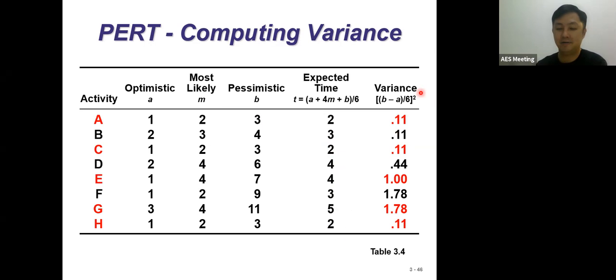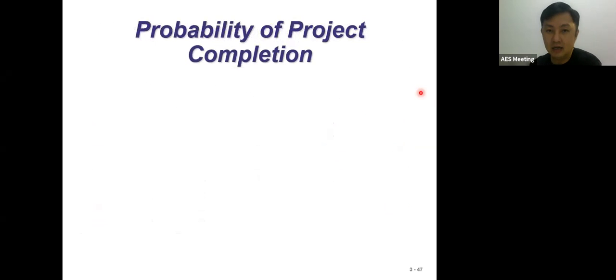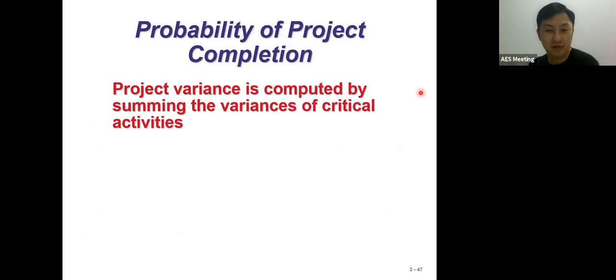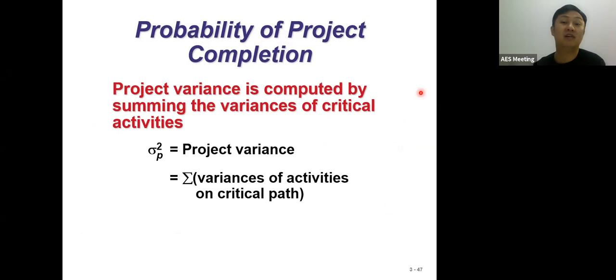Let's see. For the probability of project completion, we need the project variance. The project variance is the sum of all the variances for the activities on the critical path.